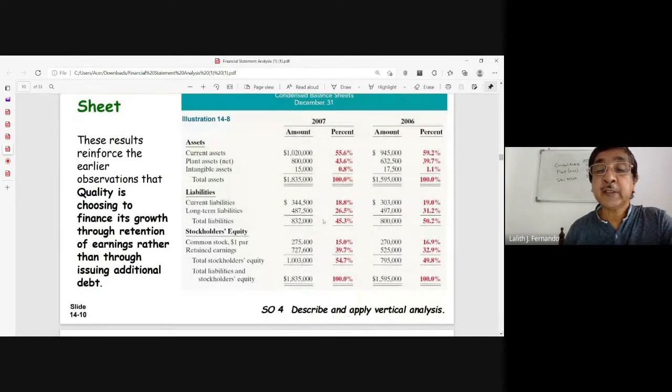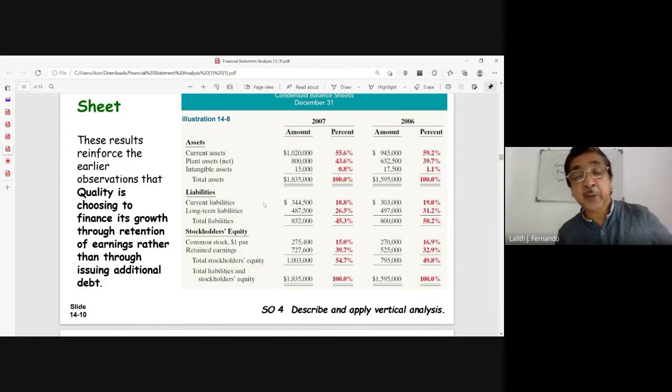Now there you can see, in a certain statement, what are we going to identify as the base? In the balance sheet, you can identify the total assets as one base and liabilities and stockholders' equity as another base.